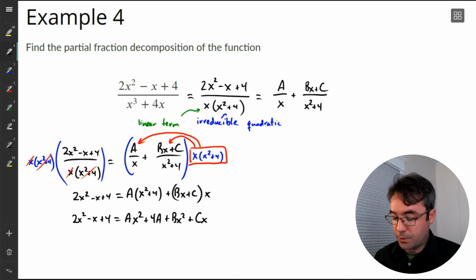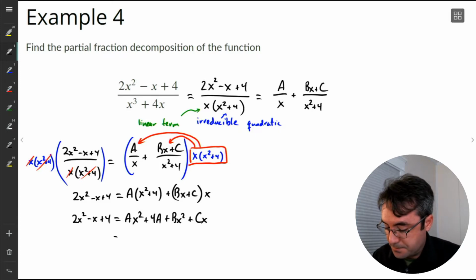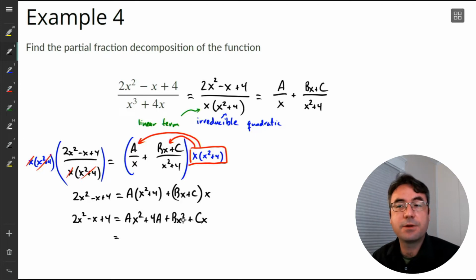And what we want to do is compare the coefficients of our x terms on the left with the coefficients of our x terms on the right. So let's get this in a nice order and combine like terms on the right. If we look, we have an x squared term here, and we have an x squared term here, so we can just add the coefficients.